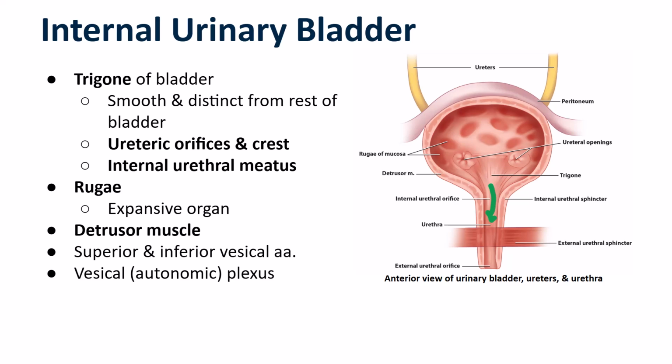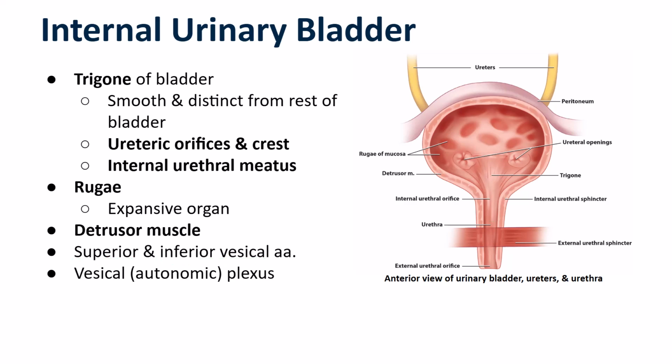The urinary bladder has a variety of blood supply, and they all typically are going to come from the internal iliac artery through branches of the anterior division of the internal iliac artery. There are superior vesical arteries and inferior vesical arteries, as well as branches of other anterior division of internal iliac that can supply the bladder with blood.